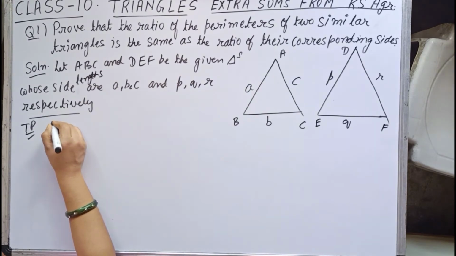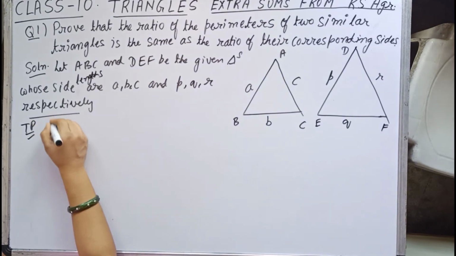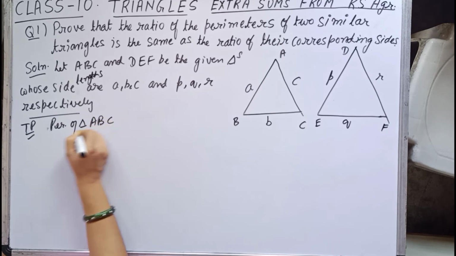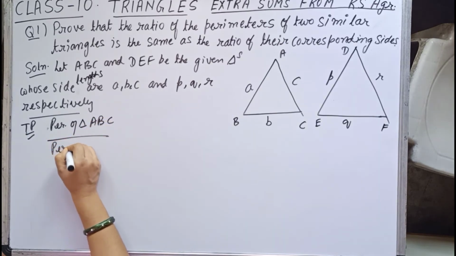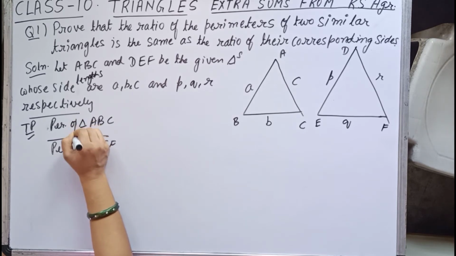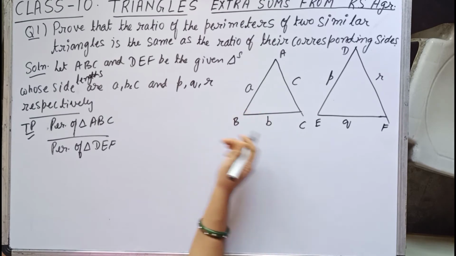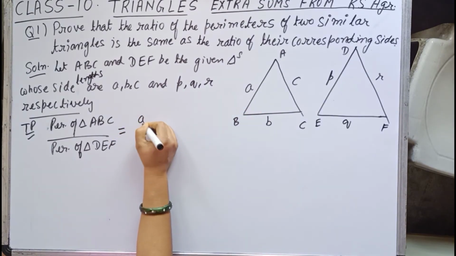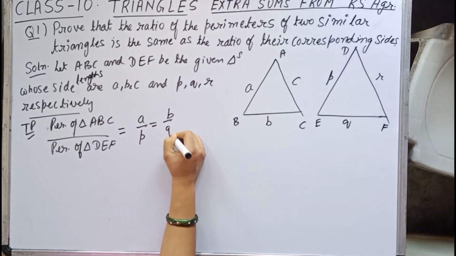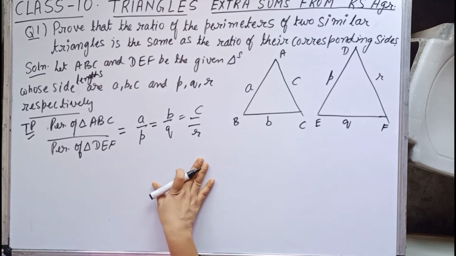Then, to prove: the ratio of the perimeters of the two similar triangles. To prove: perimeter of triangle ABC by perimeter of triangle DEF is the same as the ratio of their corresponding sides, equals a by p equals b by q equals c by r. We have to prove this.